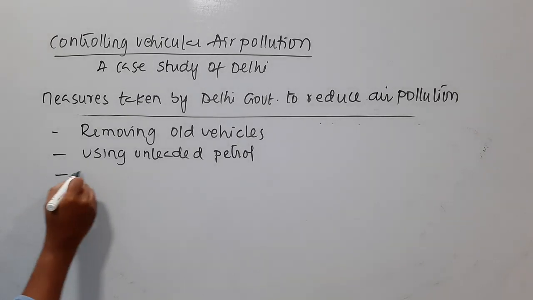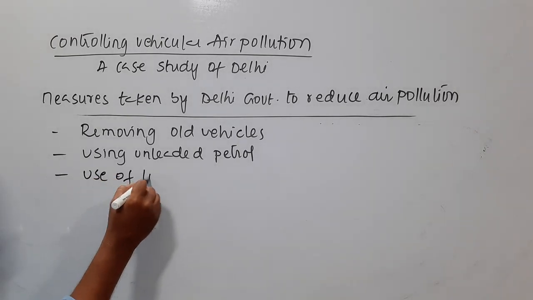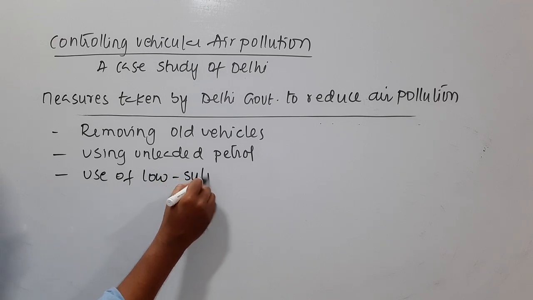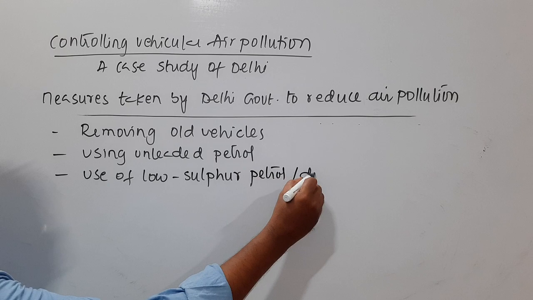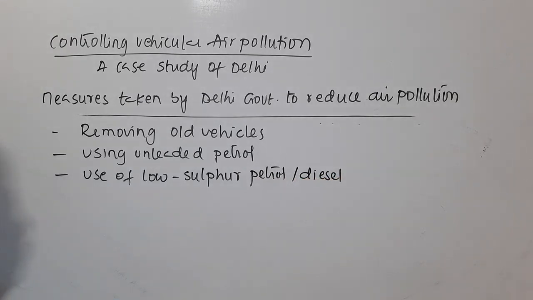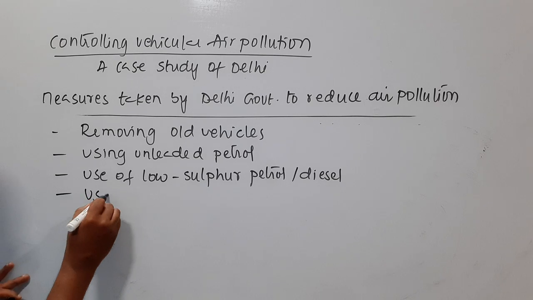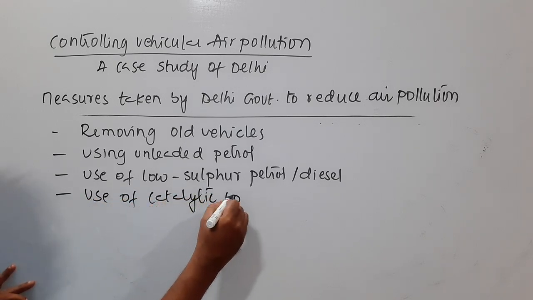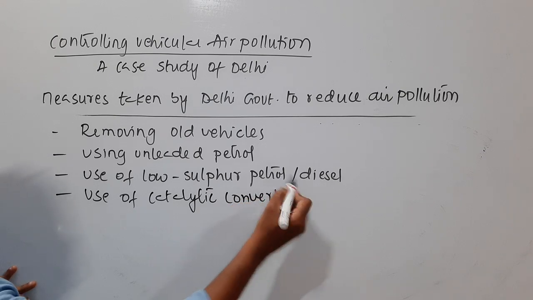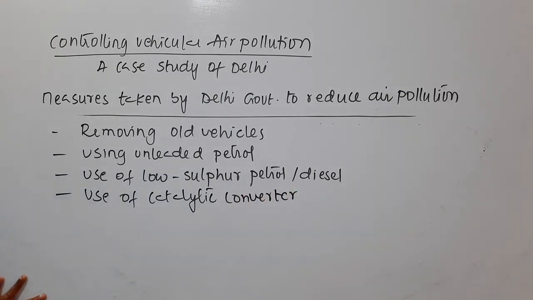Then, use of low sulfur petrol or diesel. They should ensure that petrol and diesel have less sulfur content. Then, use of catalytic converters. We have already seen what a catalytic converter is capable of.